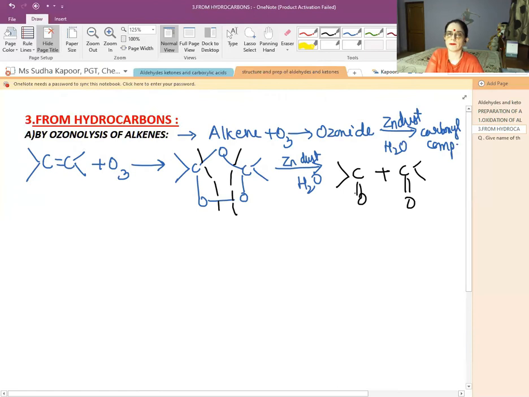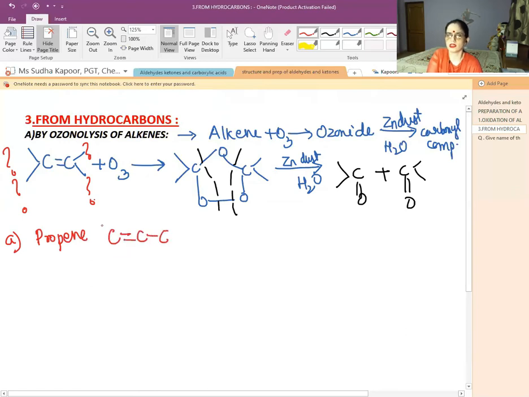Now what is going to happen? It can be an aldehyde, it can be a ketone, depending on what I have placed in these positions. The formation of aldehyde and ketone depends on these locations. Let's see one example of it. For example, we have taken propene. The first thing, how to write propene?